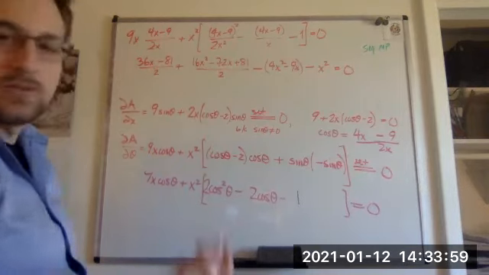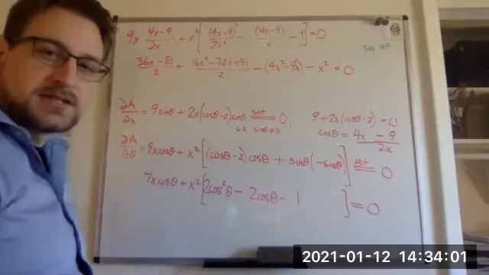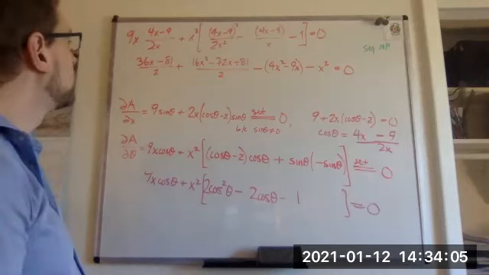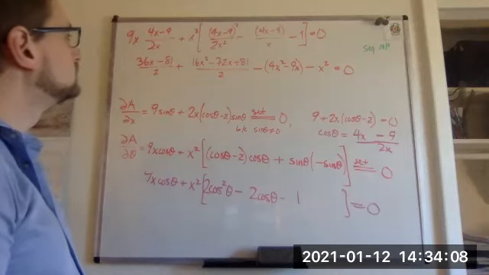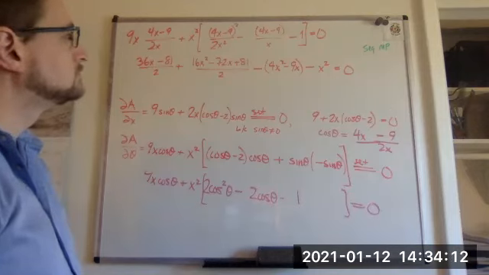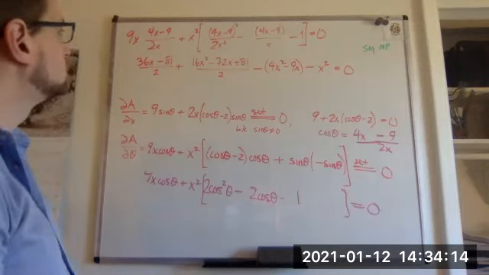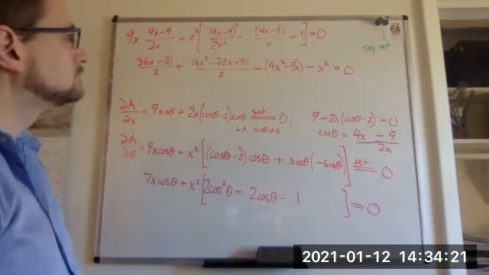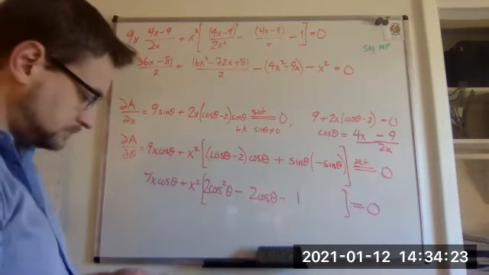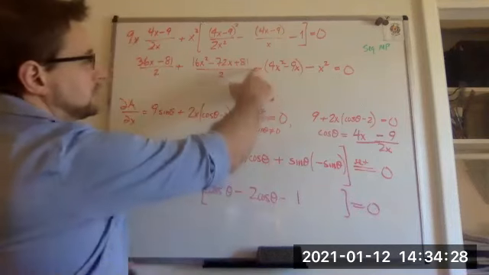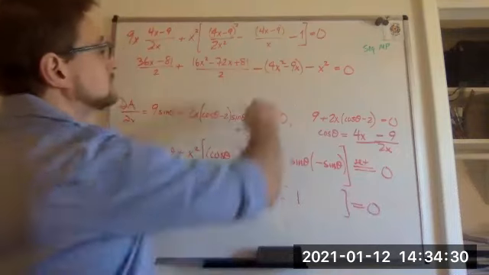It's not bad. It's a quadratic equation in x. This is reasonable. We can solve this. Distribute the minus sign.